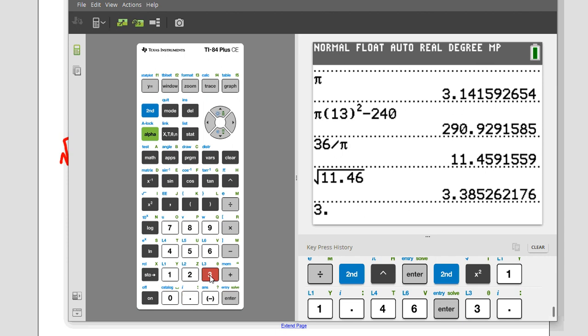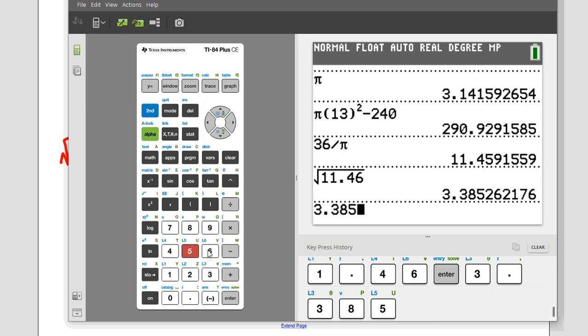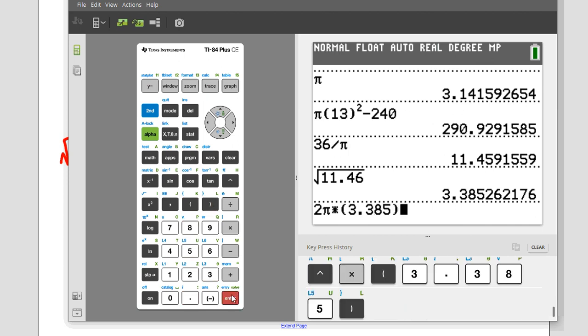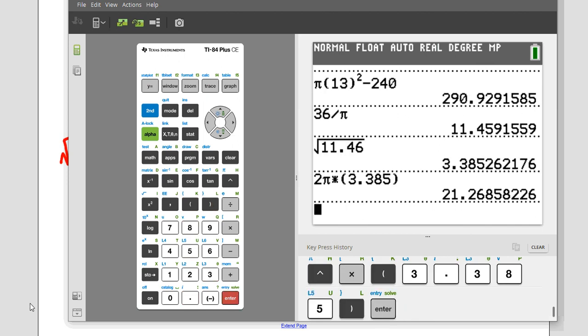So 3.385 times, well, it's 2 pi times its radius, just to be super clear. 3.385. 21.27.